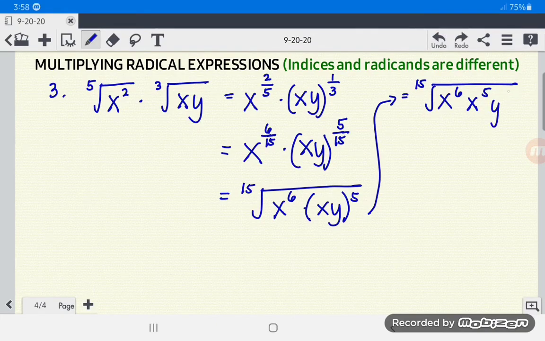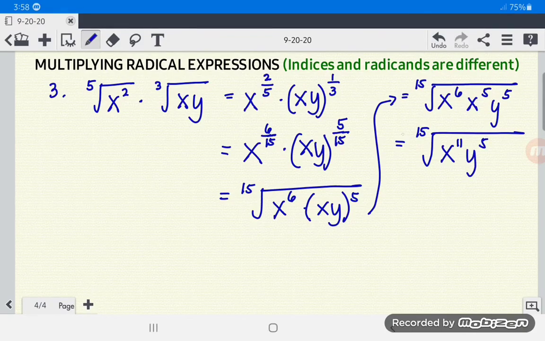Then, under the 15th root, you're going to use the product rule for exponents, wherein you add the exponents. So we have x raised to the 11th power, then copy y raised to the 5th power.